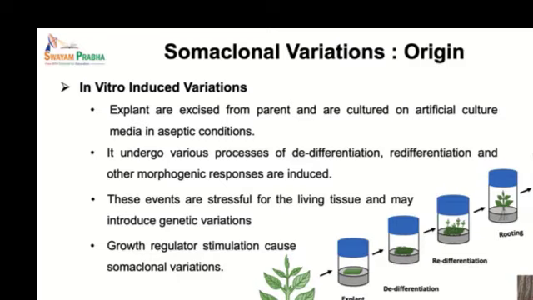Growth regulators can have significant impact on the introduction of somaclonal variations. The potential of the growth regulators may vary among various growth hormones, and also among the different plant species.